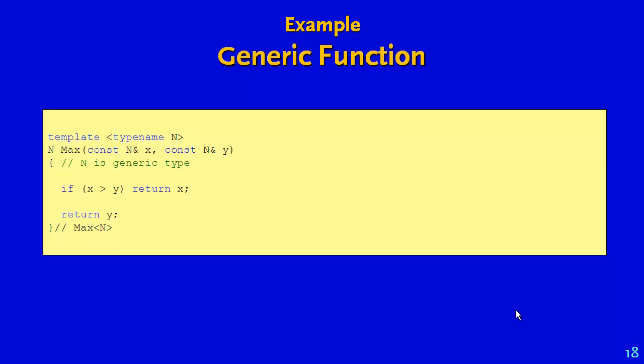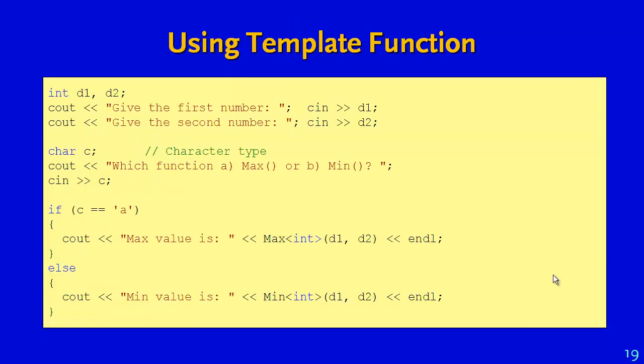Okay. So in the good old days of C and C++ and MATLAB and Fortran, we only had functions like max, which accepted doubles. But now we've got a max function which depends on a parameter n. And when we run it, you have to tell it what it is. N has been replaced by int. So you're giving the compiler a hint as well.